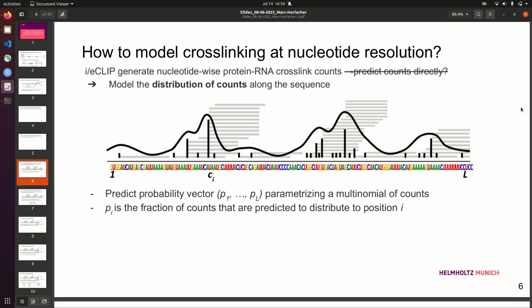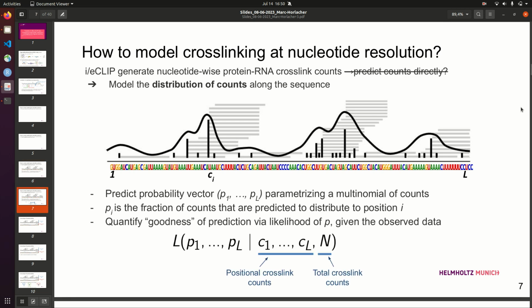So we assume that counts are coming from a multinomial distribution. Therefore, the probability at position i, so the predicted probability p_i, corresponds to the fraction of counts that this position will receive among the total counts. Now, if we want to train a machine learning model, we somehow have to evaluate the goodness of our prediction, and we can do that by using the observed count data.